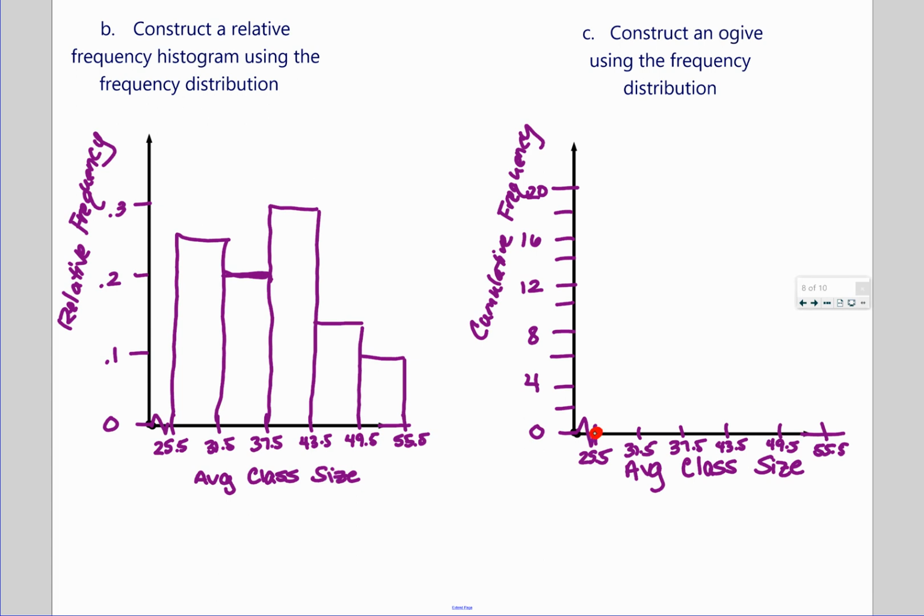My first class had, was it 5? Okay, so at 31.5, after that first class has ended, we're at 5. Then at 37.5, I believe we got up to 9.